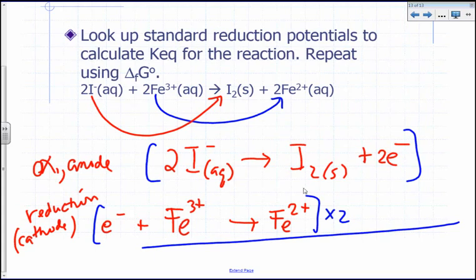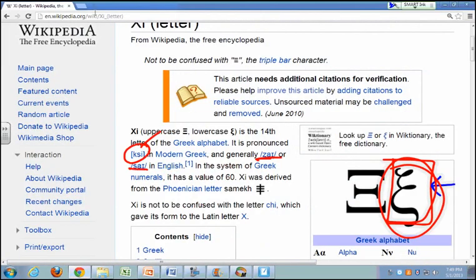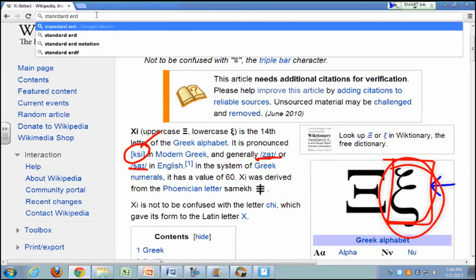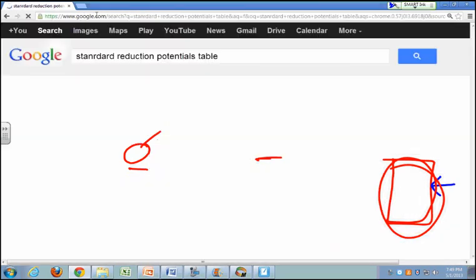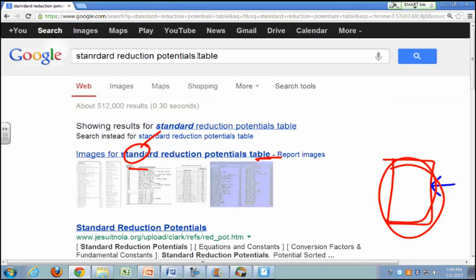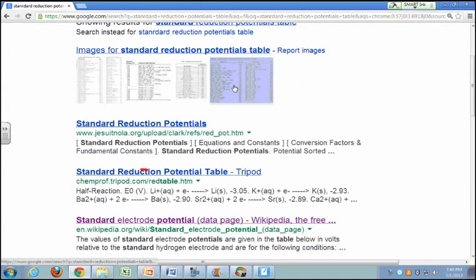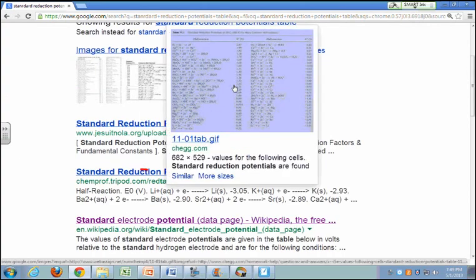So let's look at the standard reduction potentials for these half reactions. Let me do a search on Google for standard reduction potentials. There you go. You have a bunch of standard reduction potentials you can look up.